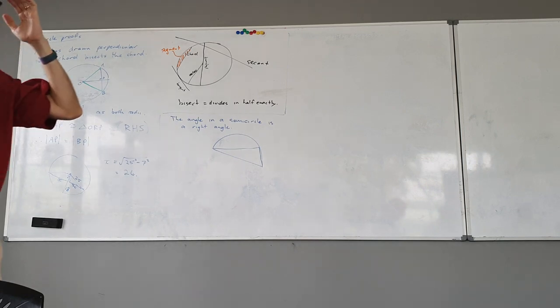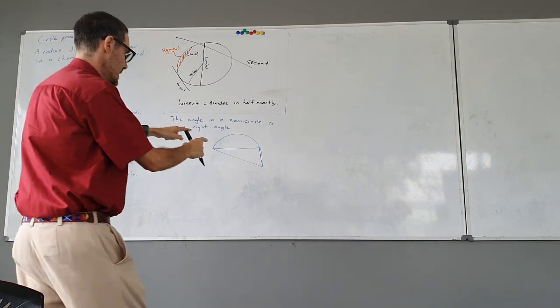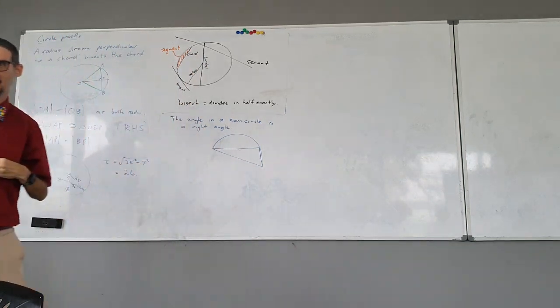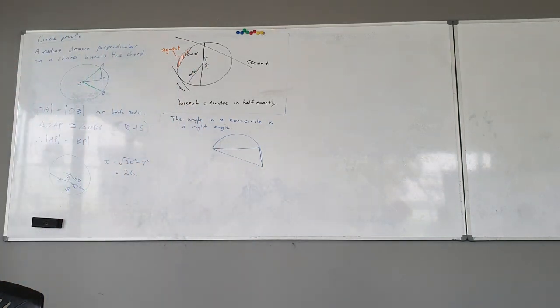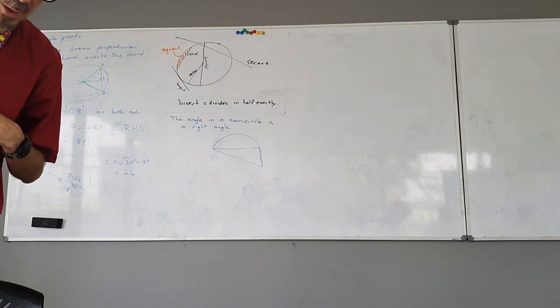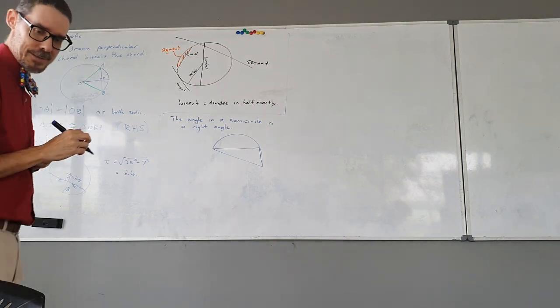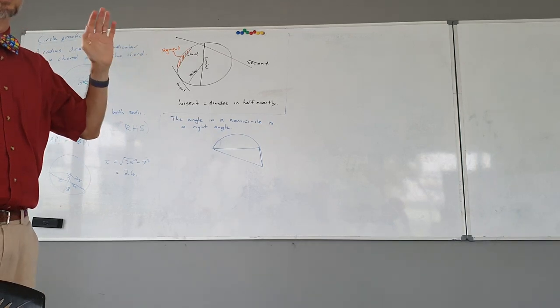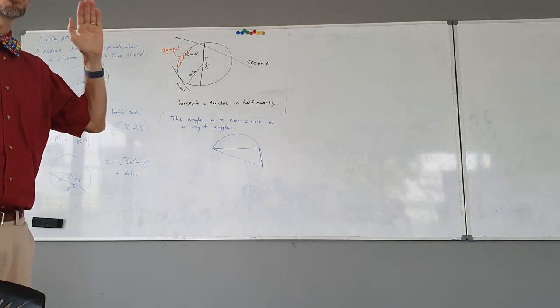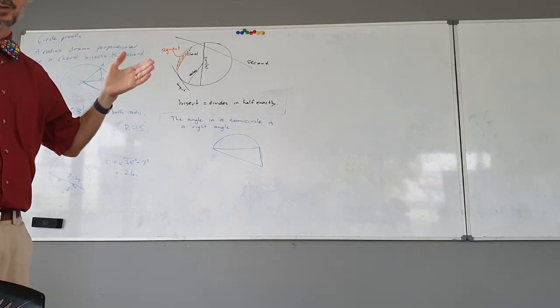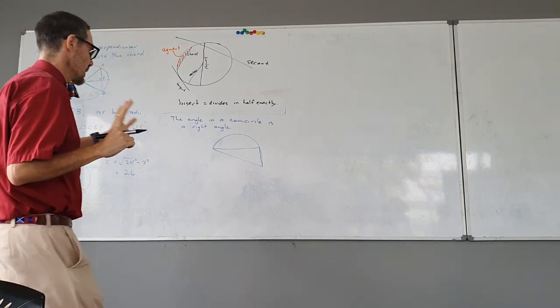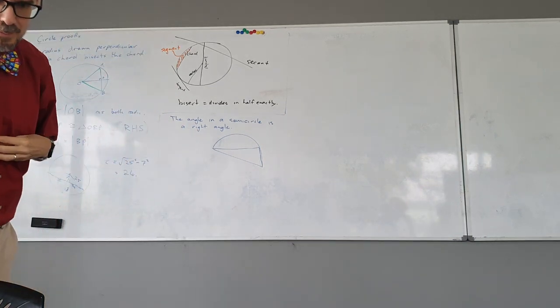I don't want my brain to trick me into believing that these two are equal or anything like that. Specifically draw it off centre, which they don't do in the textbook, but it's important. All of these proofs, you want to try to avoid making assumptions that aren't true. So deliberately skew it to make sure you don't make that assumption.